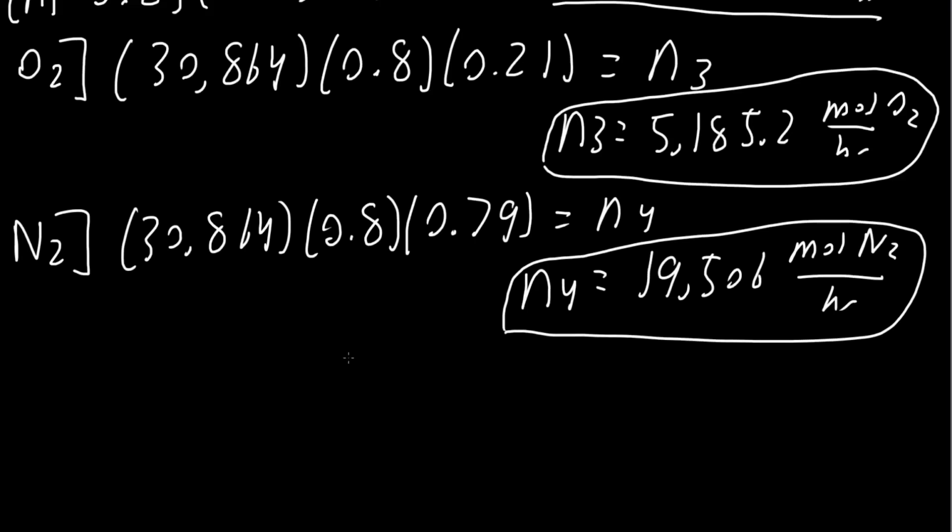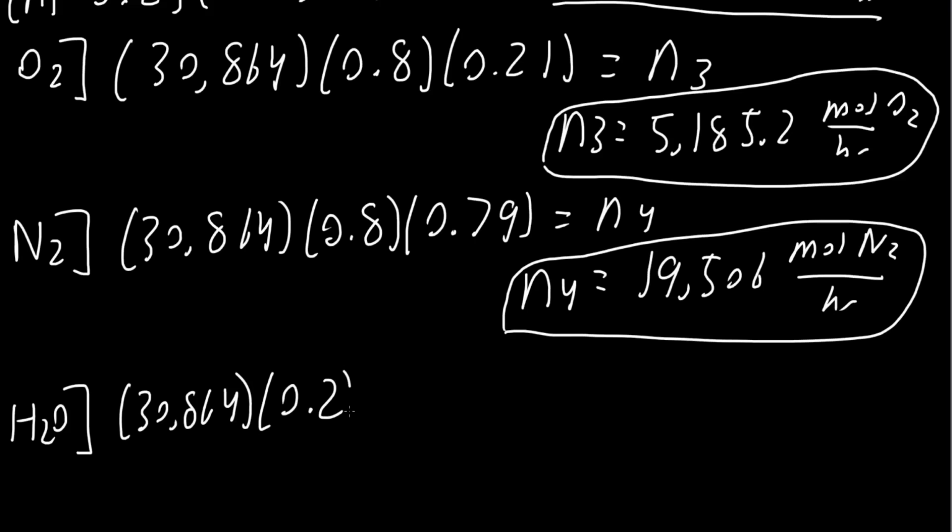So this is N4. Finally, we have an option: do an H2O balance or do a total balance. Just to be consistent, I will do an H2O balance. We have 30,864 times 0.2. This was 0.8 for dry air and 0.2 was for water.